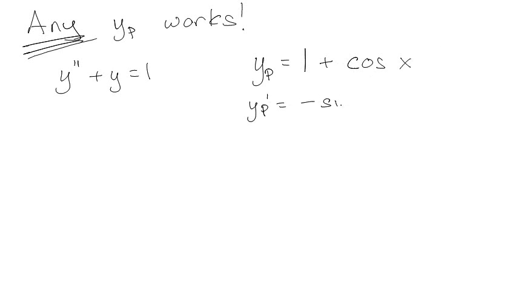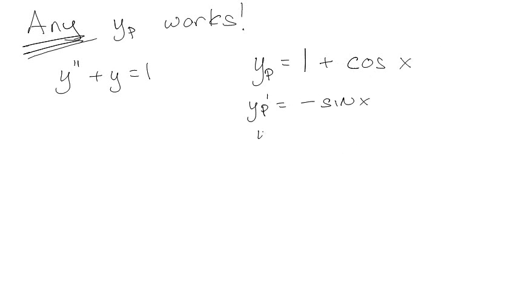That's why we call it a particular solution, because any particular solution works. And I'll show you why. So remember we had y double prime plus y is equal to 1. Now I posit that in addition to the value 1, I could have said 1 plus cosine x. Now y prime would be 0 minus sine x.